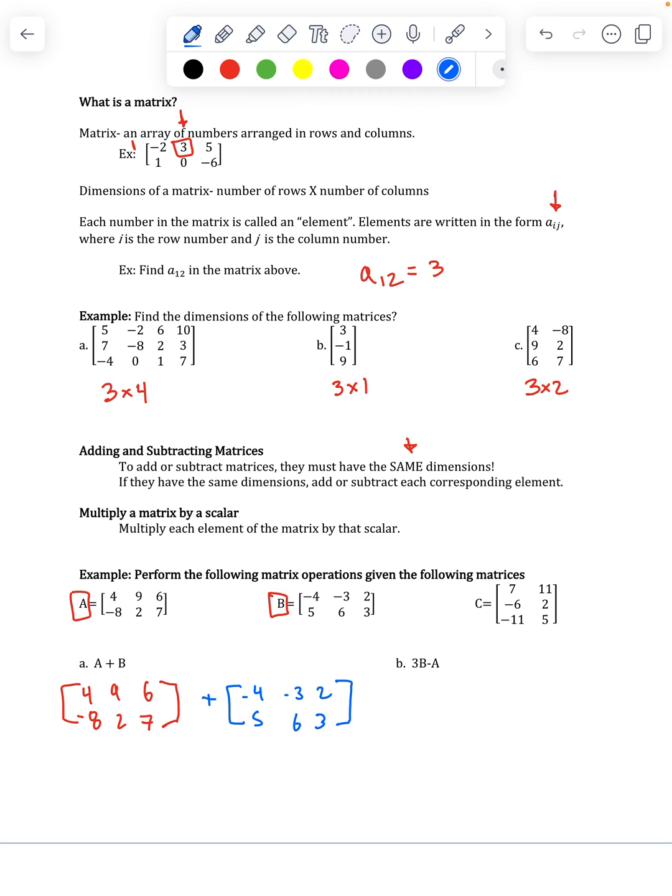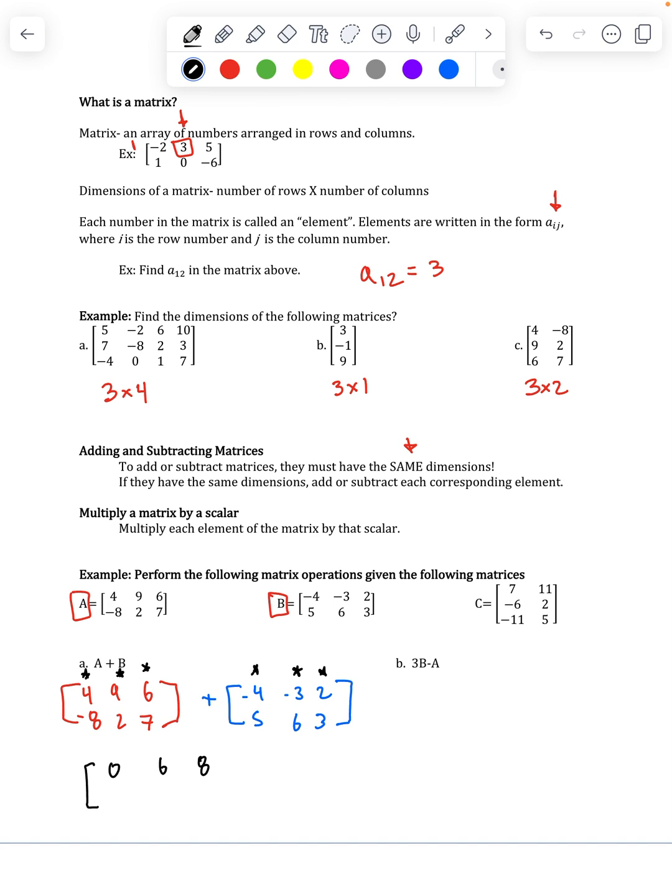Now, when I add them together, I'm simply going to add each part. For example, I'm saying 4 plus -4. That's going to be 0. Then 9 plus -3. That's going to be 6. 6 plus 2.